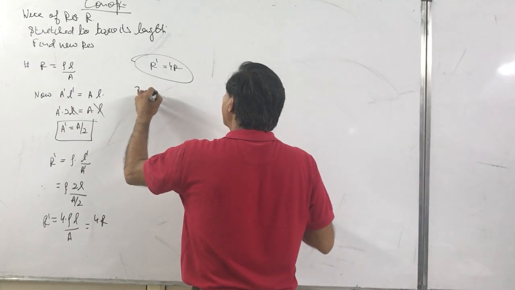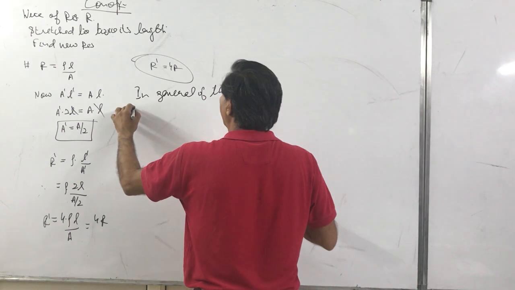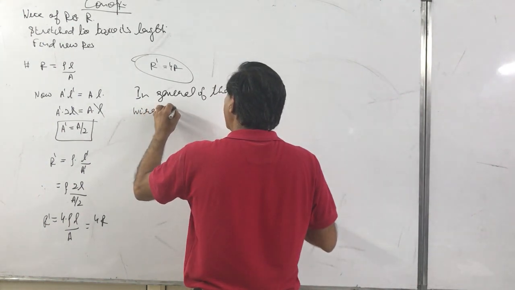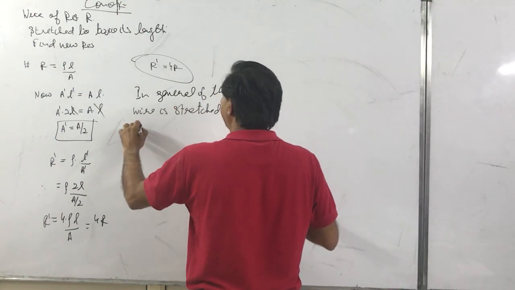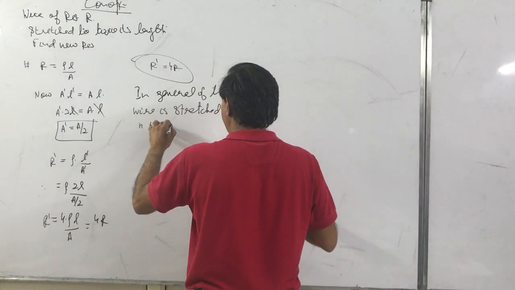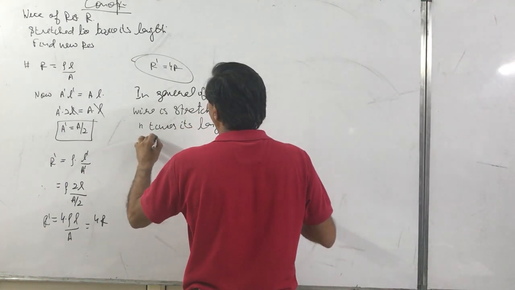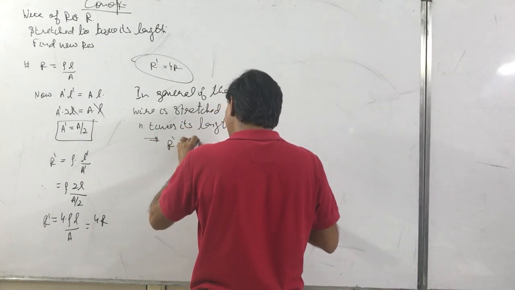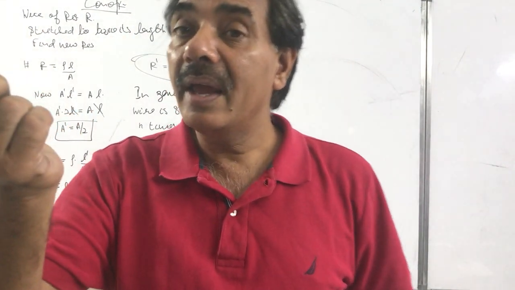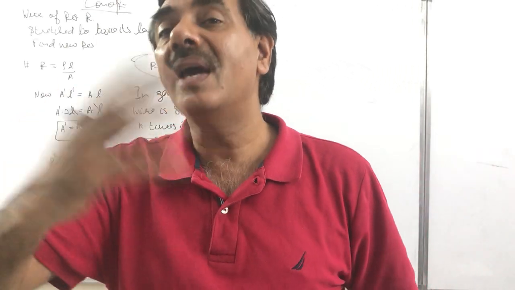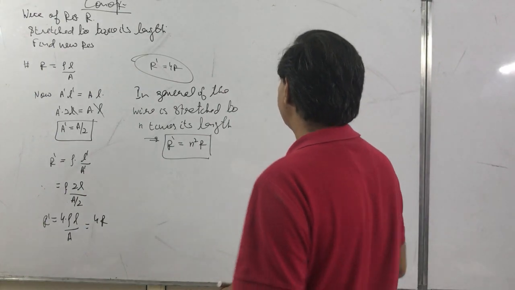In general, if the wire is stretched to n times its length, so resistance will become n square R. Length will become n into L and area of cross section will become A upon n and the resistance would be n square R. Achha.